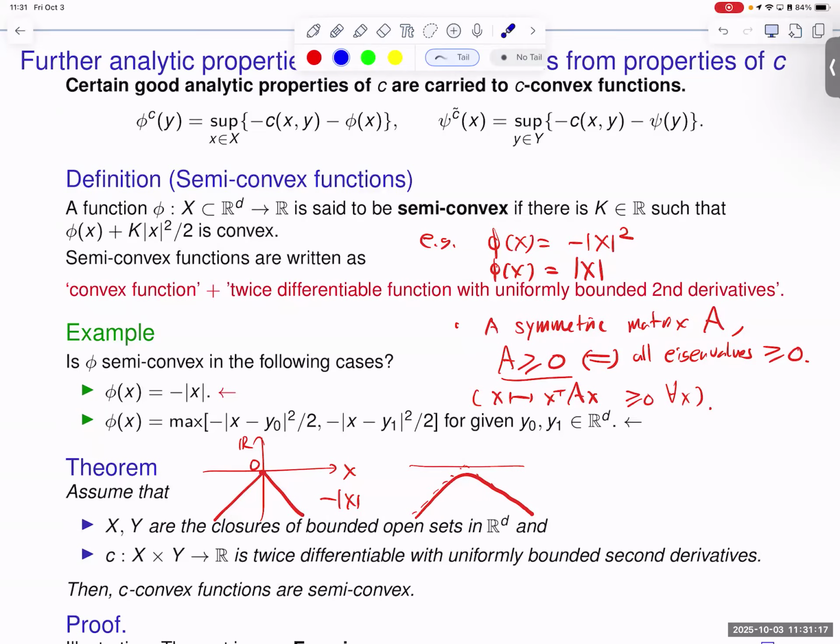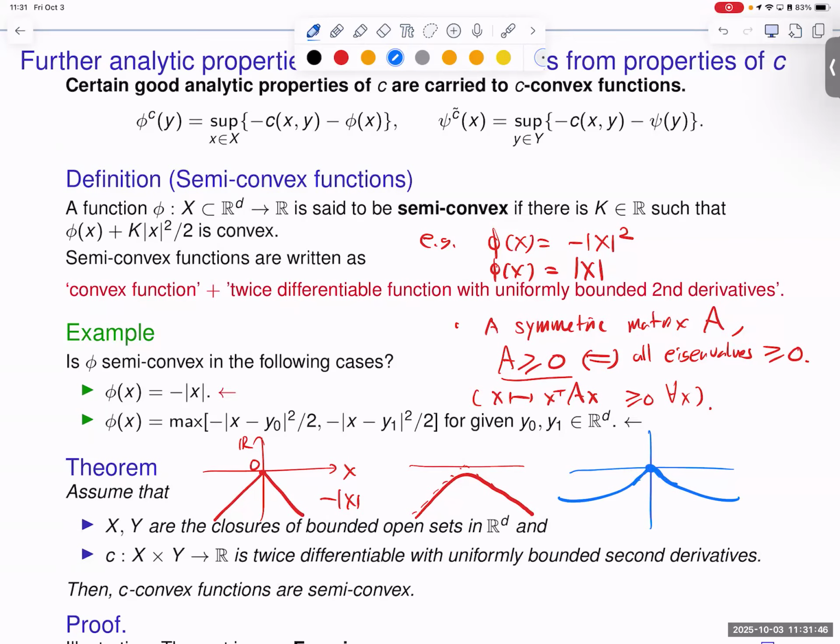In other words, you cannot make it convex by adding any quadratic function like that. If you add quadratic functions, you will get something like this, so you cannot cancel this corner shape.